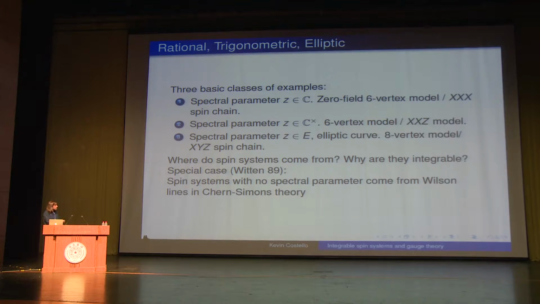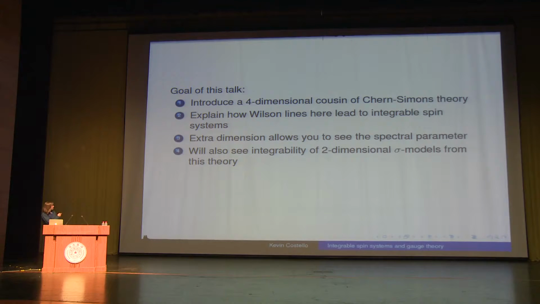So the goal of this talk is to generalize this story to a version where one can see the spectral parameter. So we'll introduce a four-dimensional cousin of Chern-Simons theory. And in this four-dimensional theory, we'll see that Wilson lines, just like in Chern-Simons theory, will lead to integrable spin systems.